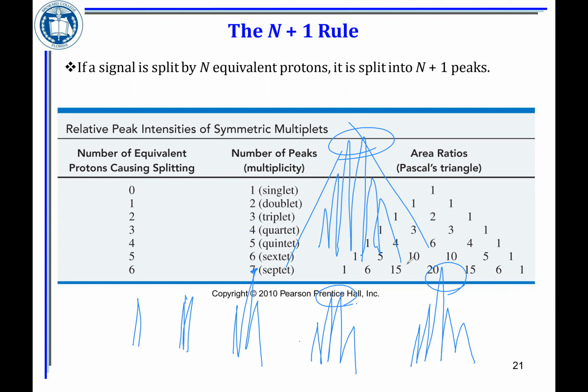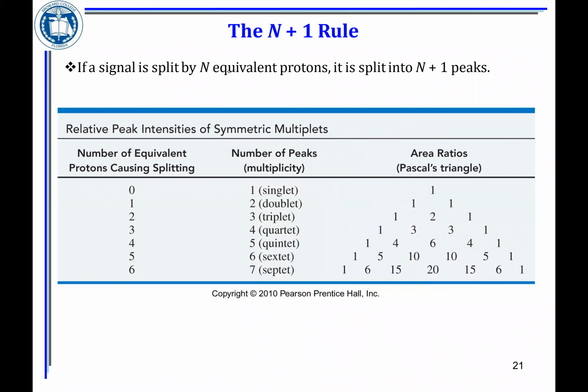So what does a quartet mean? A quartet means that the hydrogens are attached to 3 hydrogen on the next carbon. So let's say I had the same molecule that I had before, a CH3, CH2, CH3.